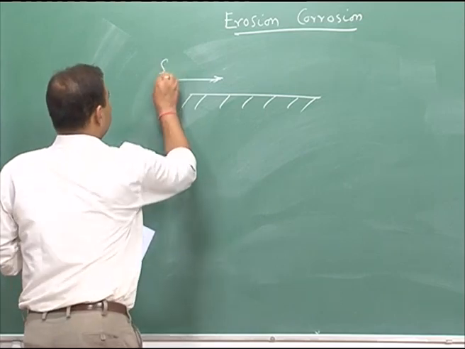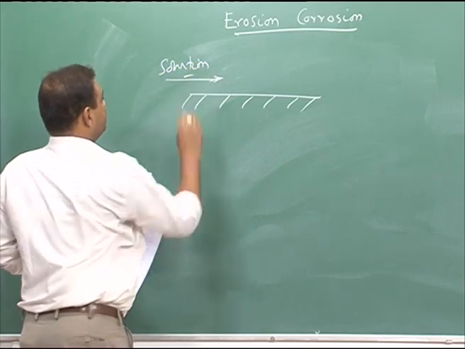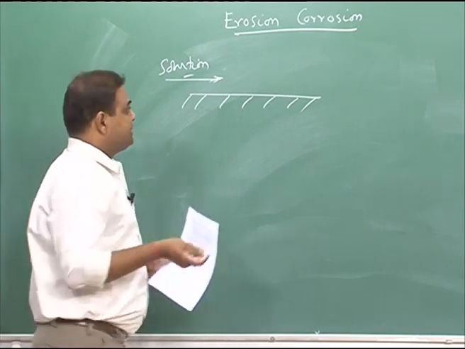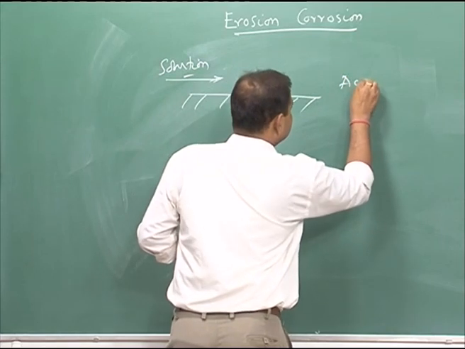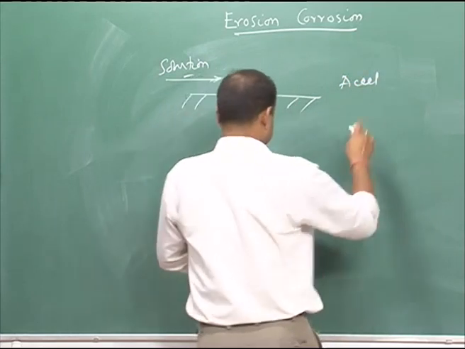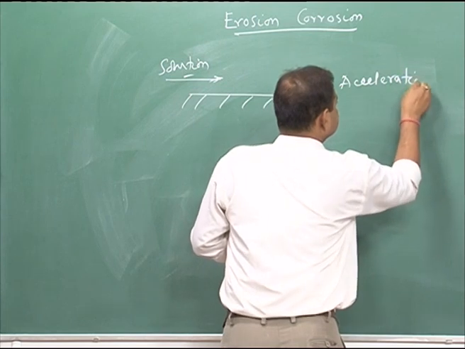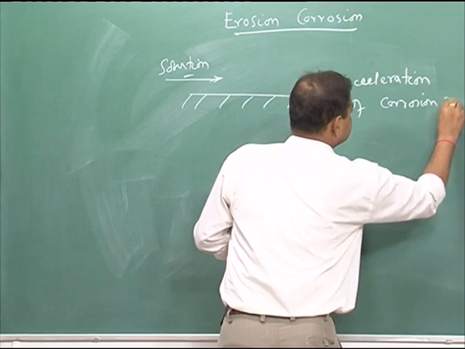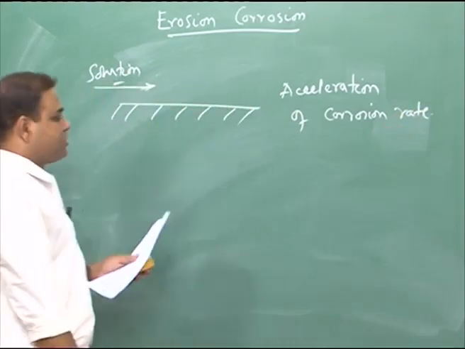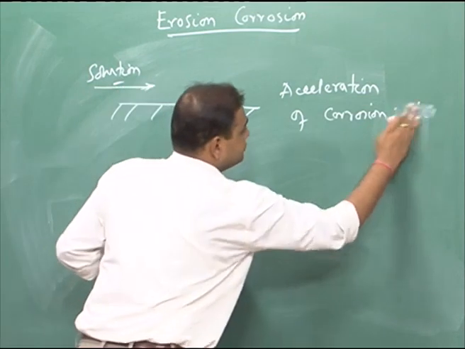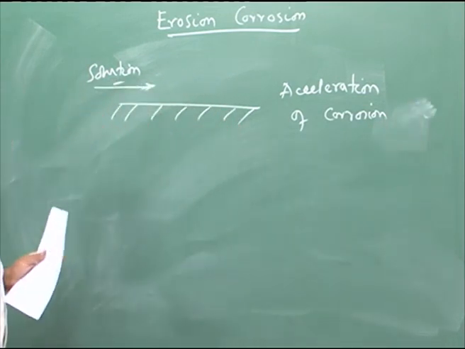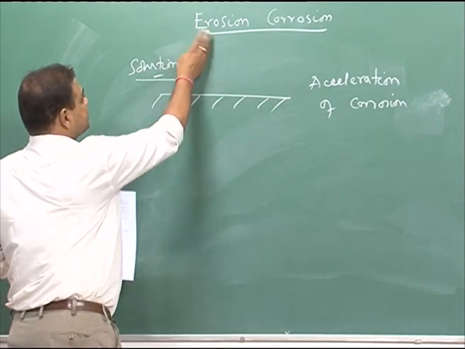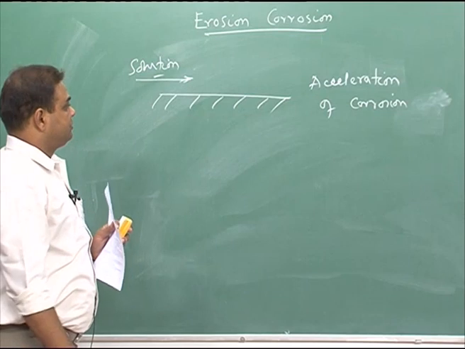Now, due to this movement of solution, if there is acceleration of corrosion rate, that process is basically due to the erosion effect of the solution.